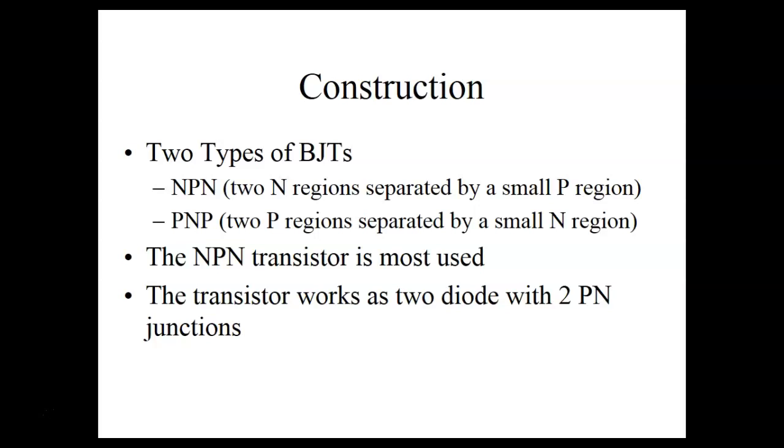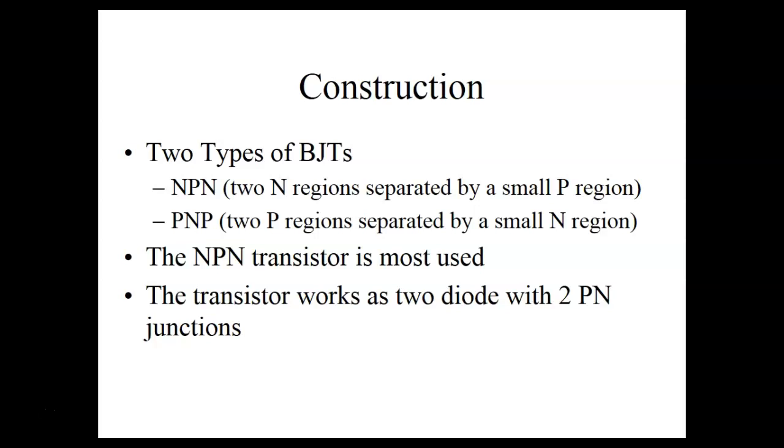These have 2 n regions separated by a small p region. And then we have a PNP transistor, also a bipolar junction transistor, a BJT. Then we have 2 p regions that are separated by a small n region. The NPN transistor is the most widely used, so we'll spend most of the time on that.